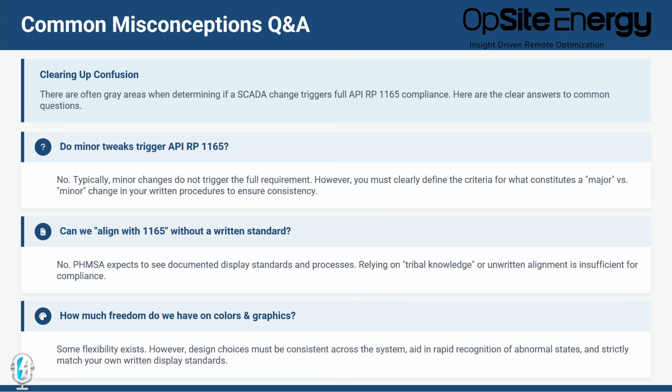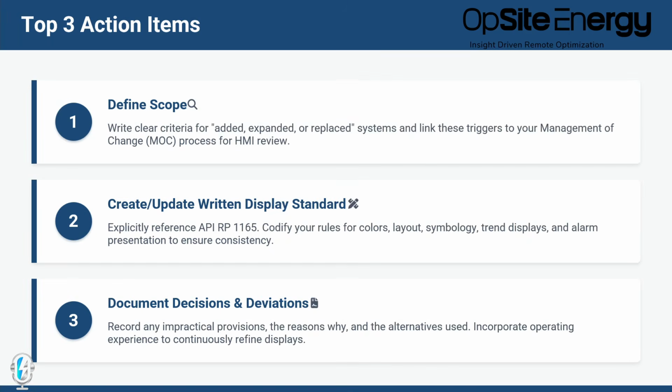Let's go into the three action items real quick. You leave us with some really good ones. First, define that scope, write clear criteria, and make sure you're mapping it to a management of change process. Second, create and update written display standards.